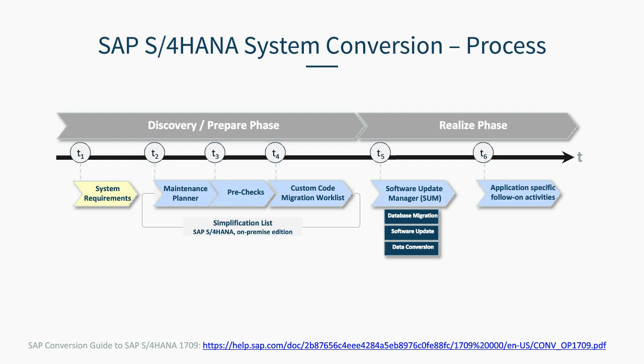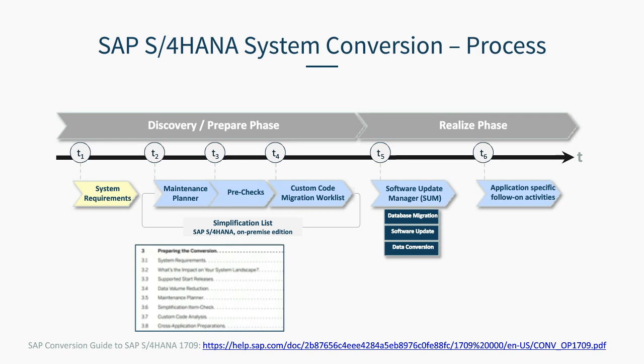It's only about 35, 36 pages, so it's not unreadable. And it actually takes you through all of the details around the different steps that you would go through in converting to S/4HANA. So I just cut and paste a couple of the index pages here, or the content pages here, just to show you that it actually goes into preparing for your conversion, going through the system requirements.